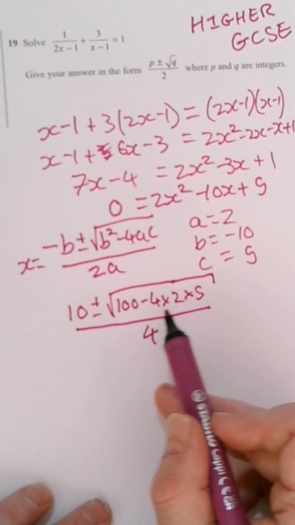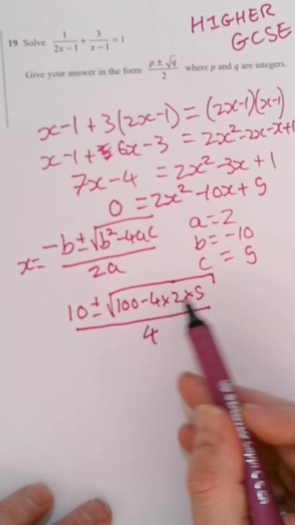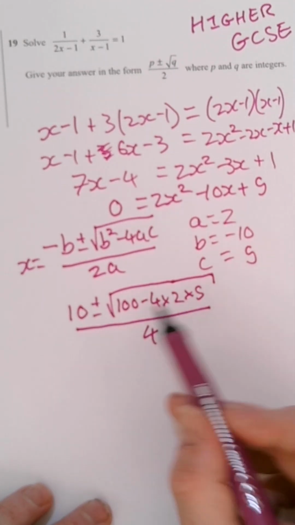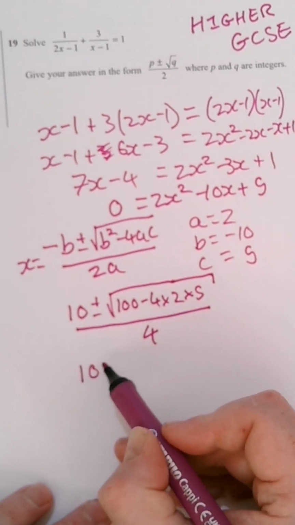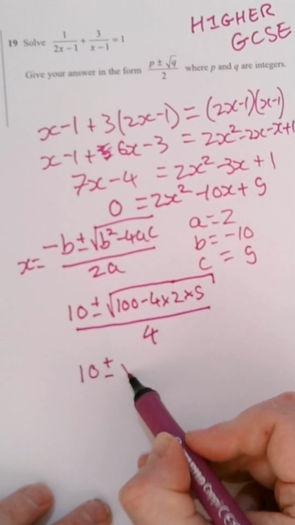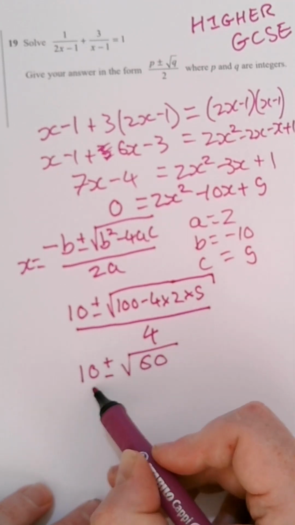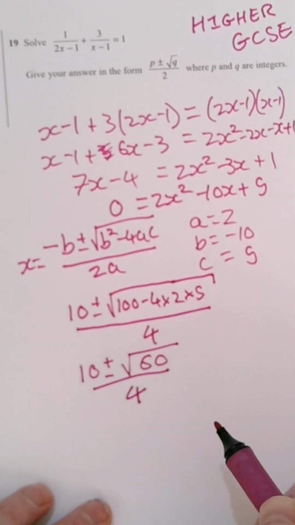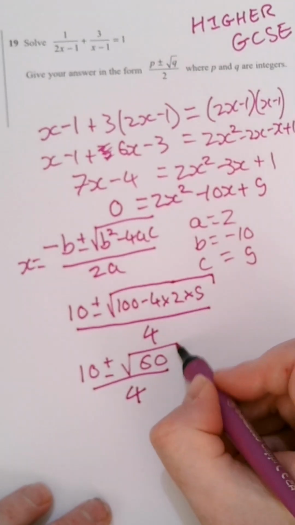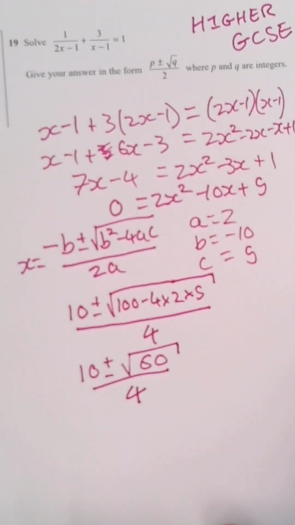So 100, take away 4 times 2 is 8. 8 times 5 is 40. So we've got 60. So I've got 10 plus or minus the square root of 60, all divided by 4. And that's where a lot of people would stop there, but we can simplify that a little bit.